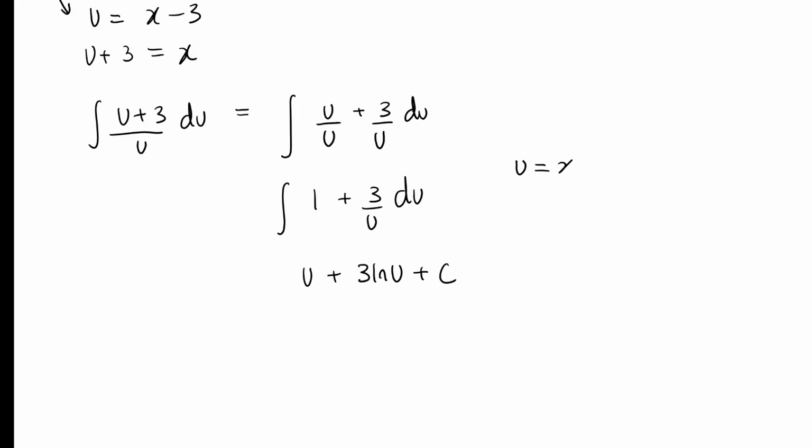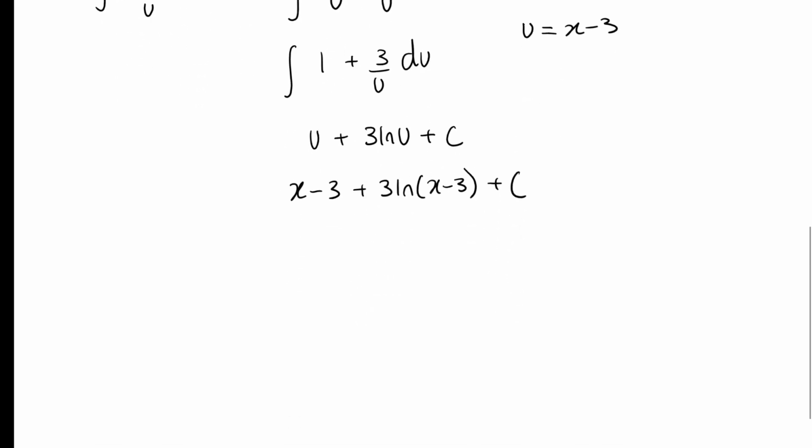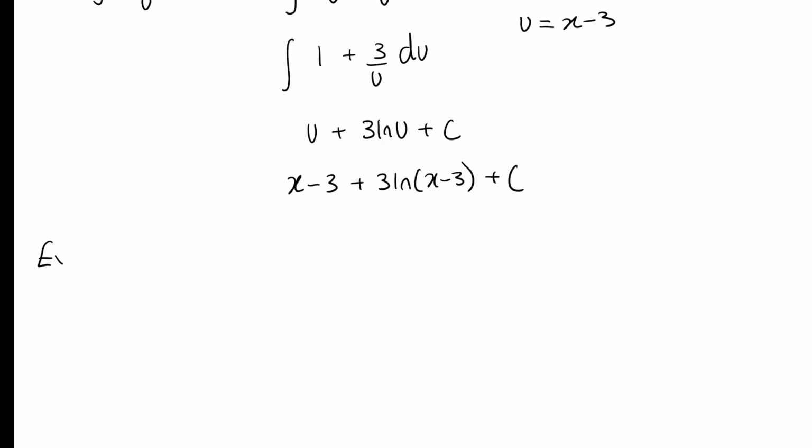Remember that u is equal to x minus 3, so we have x minus 3 plus 3 ln of x minus 3 plus c. That's the idea. Okay, move on to a second example.